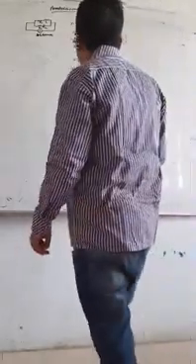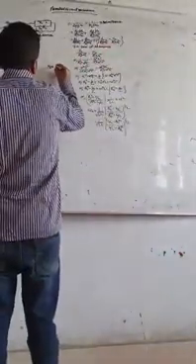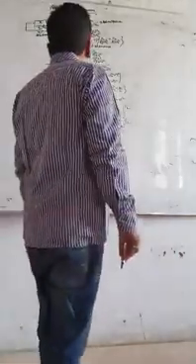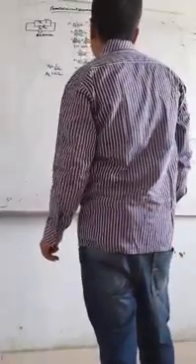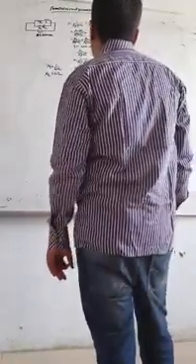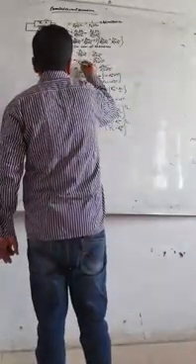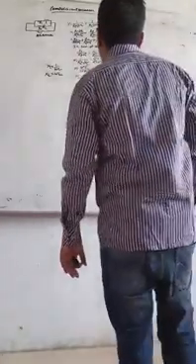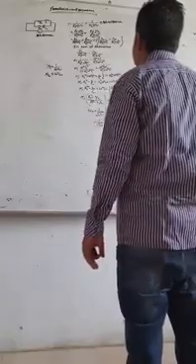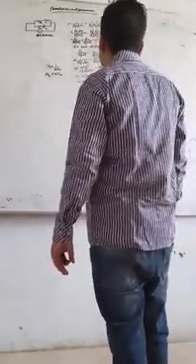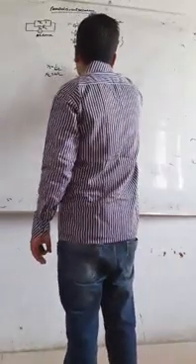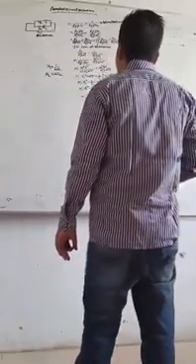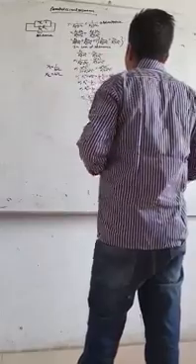XC is equal to 1 by omega C, and XL is equal to omega L. Substituting, in the third line it will be omega square C square divided by (1 plus R2 square omega square C square) is equal to omega square LC divided by (R1 square plus omega square L square).